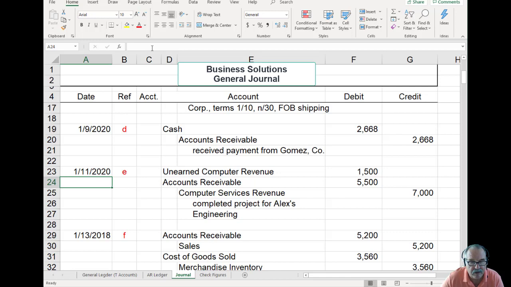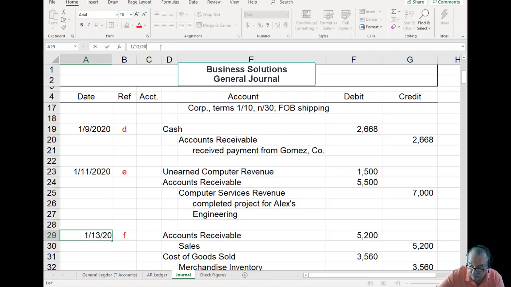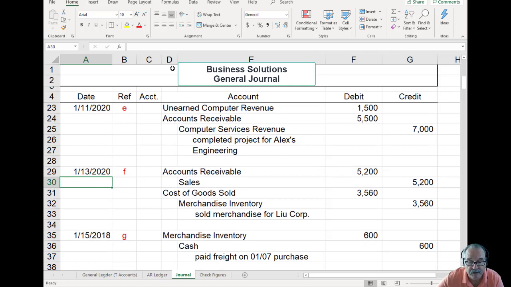Debit unearned computer revenue, $1,500, debit accounts receivable, $5,500, and credit computer services revenue, $7,000. Remember, every journal entry needs a description. If there's a calculation, go ahead and put it in the description and document it.